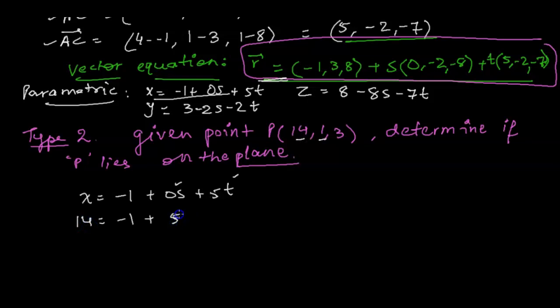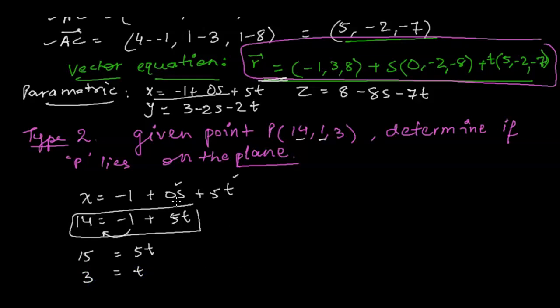We'll just put in 5t. So we have this equation which we can isolate for t. When we move this over, 14 plus 1 is 15 is 5t. t is equal to 15 divided by 5, which is 3.